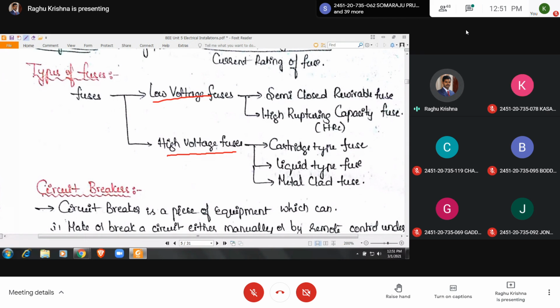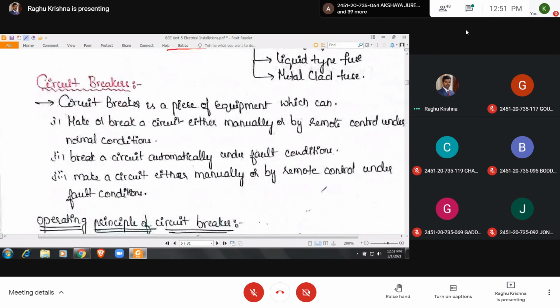We have seen the high rupturing capacity cartridge fuse. We have another two types, the liquid fuse and the metal clad fuse. Next, coming to the circuit breaker.